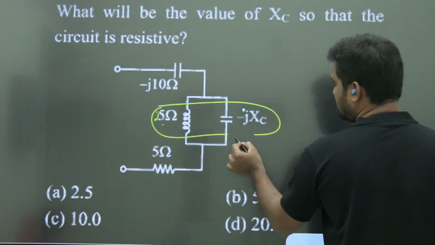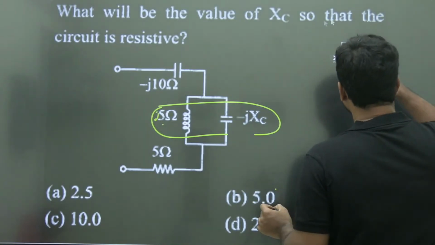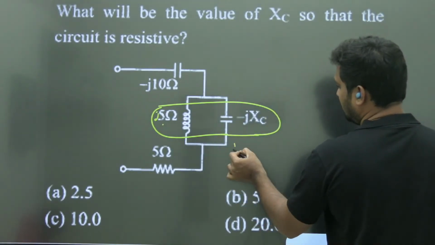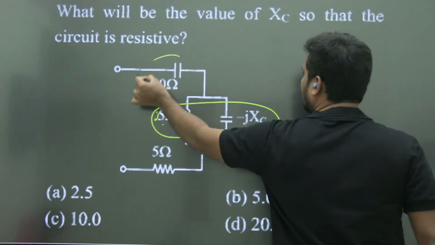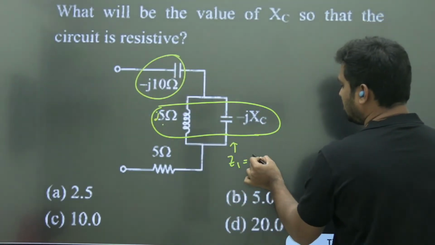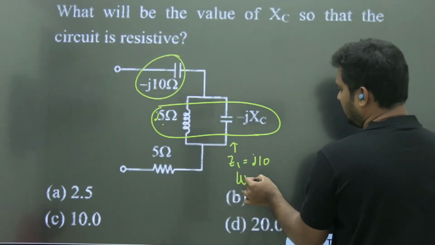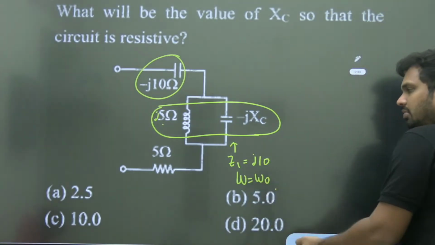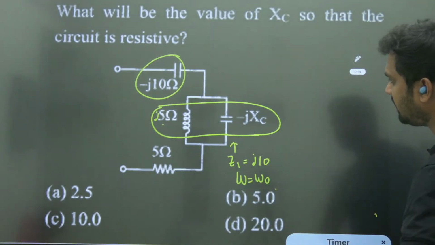So if you take this as Z1, and this is minus 10, then Z1 equals plus j10. Then omega equals omega naught, because at resonance the imaginary part will be cancelled out.